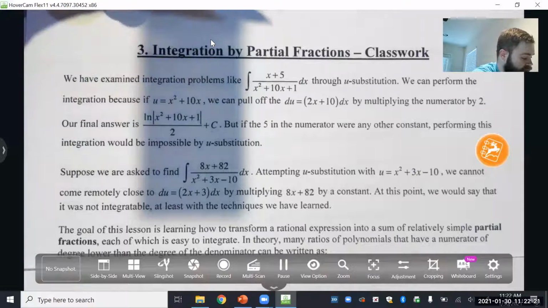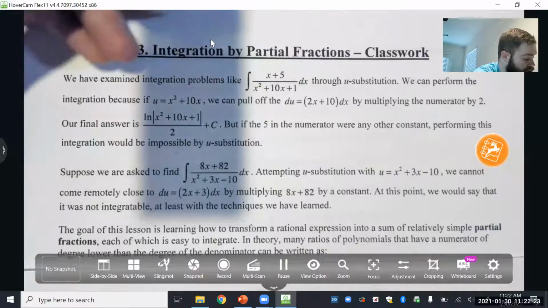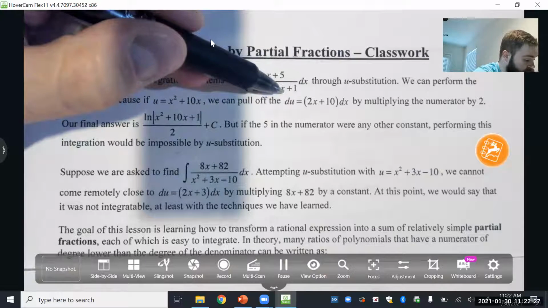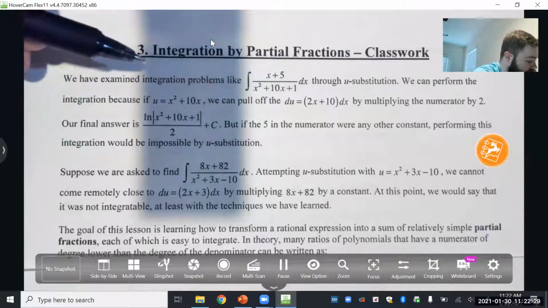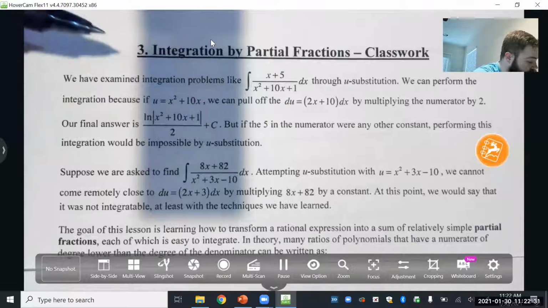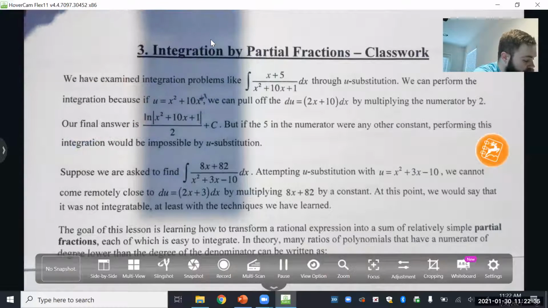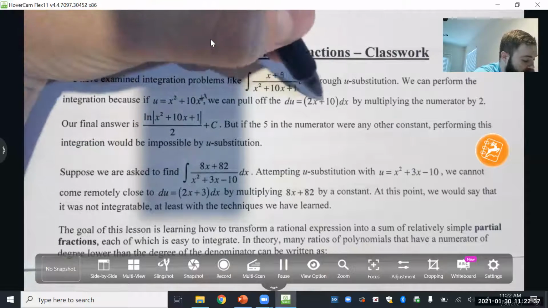And this particular one, though, we can do with u substitution. We would choose the bottom to be u, then du would have ended up being 2x plus 10 dx.